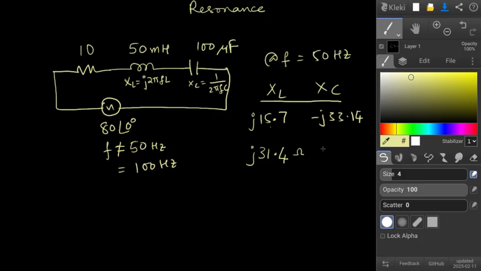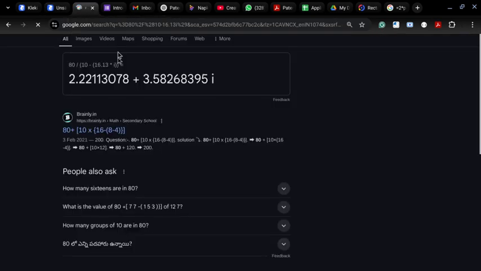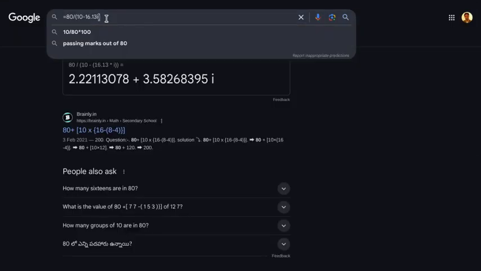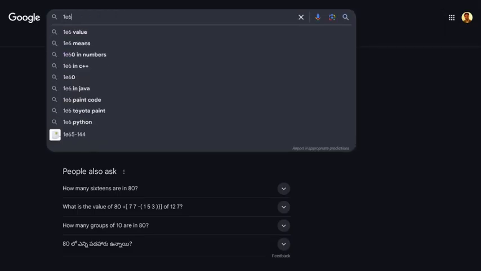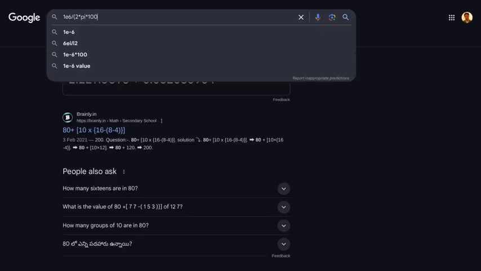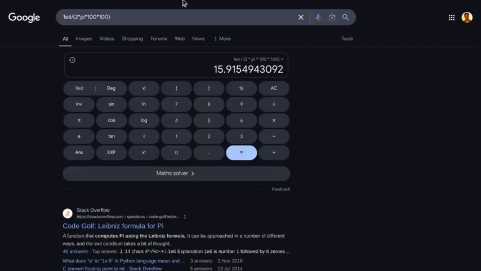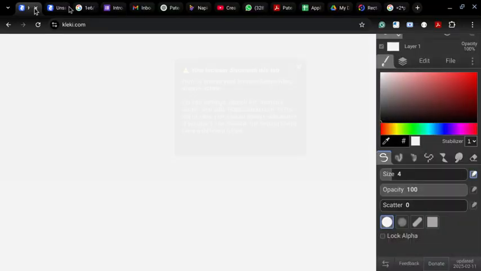Whereas XC value will become half, obviously because it is 1 by 2 pi f C. But I'm not sure whether 33 is the correct one. I'll still calculate it. So 1 by 2 into pi into frequency is 100 now, and 100 micro. Okay. So 15.91.